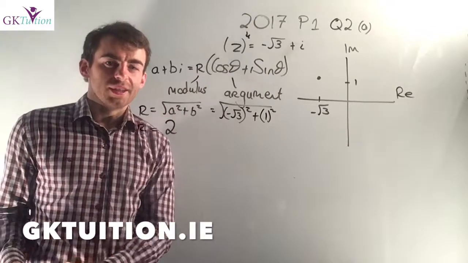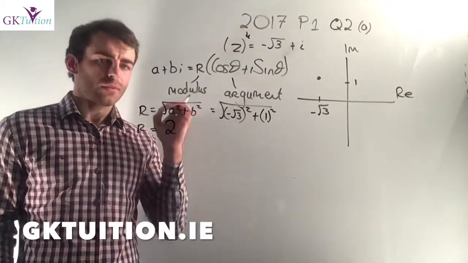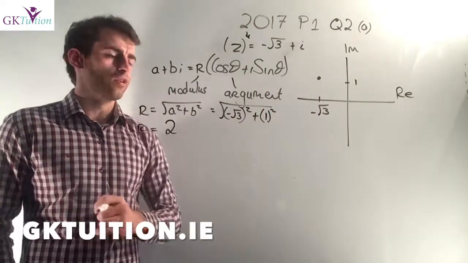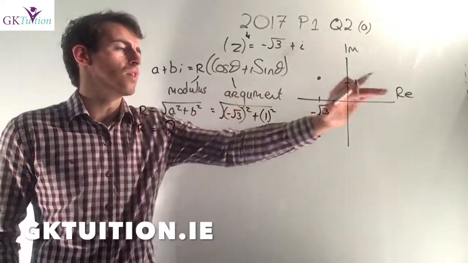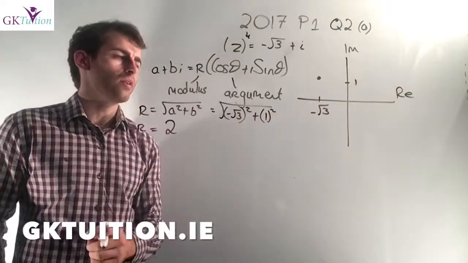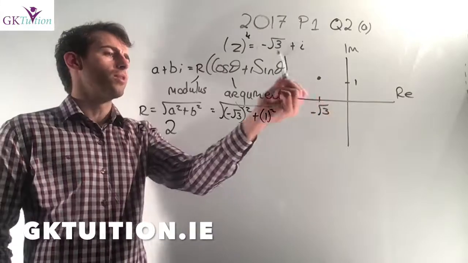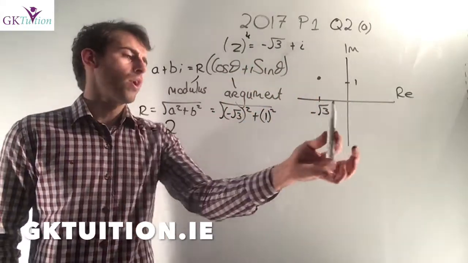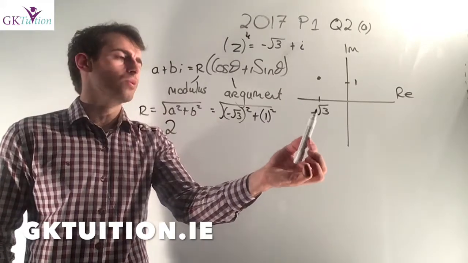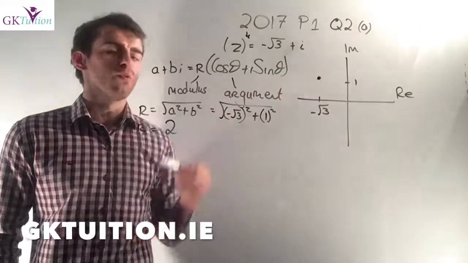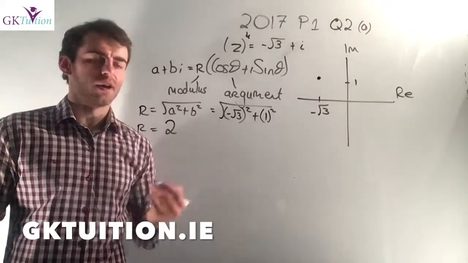Now to find the argument is a little bit trickier. In order to find the argument, I want to draw your attention to the Argand diagram that I've drawn over here. My horizontal line represents the real values and my vertical line represents the imaginary values. I've plotted the complex number minus root 3 plus i, roughly where minus root 3 is on the real axis and where 1 is on the imaginary axis, which means that this coordinate here is minus root 3 plus i.